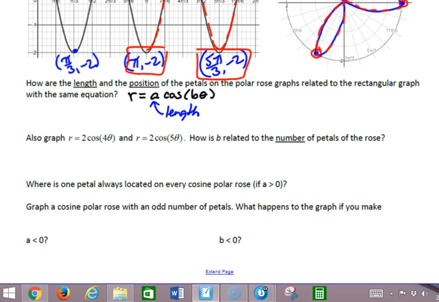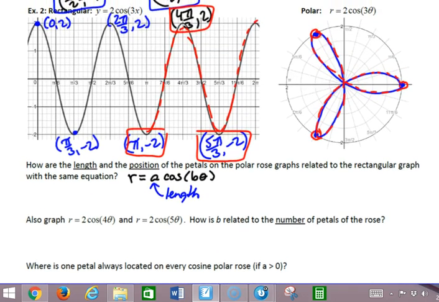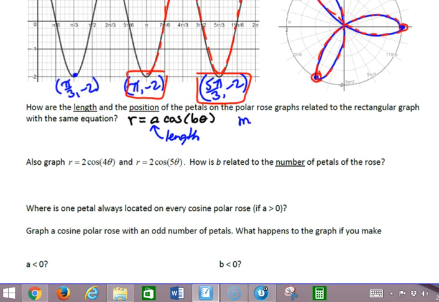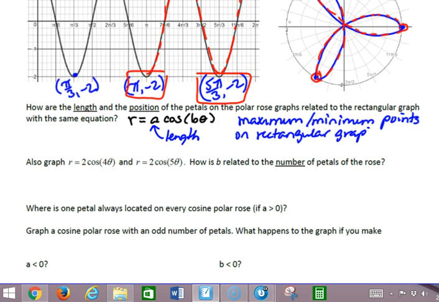The position of the petals, notice, are the maximum, and I actually should say the maximum or the minimum points on the rectangular graph equals the tips of the petals in polar form.